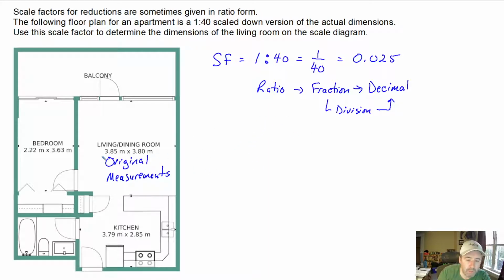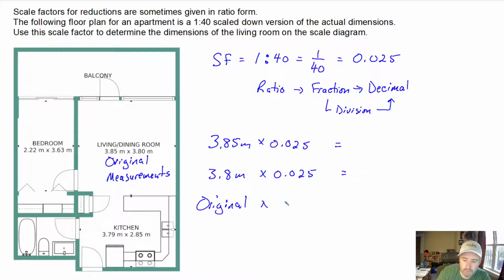So on the floor plan, that 3.85 meters is going to get scaled by 0.025. And the 3.8 meters is also going to get scaled by 0.025. Okay, so this is the original.